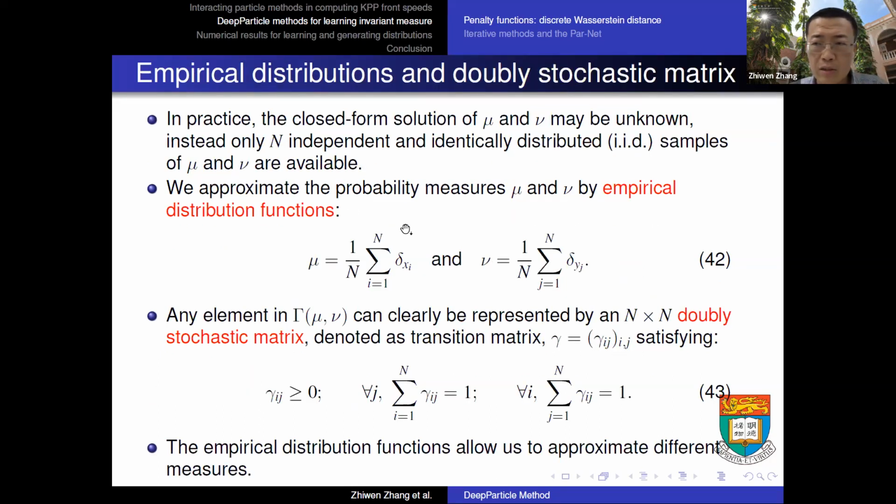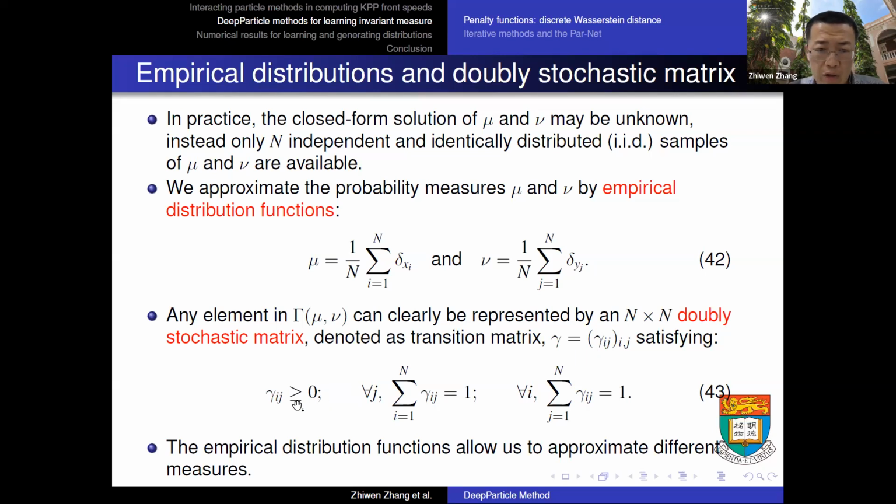All right, this part is very rigorous. However, in practice, sometimes we don't have a closed form for the distribution, and the analytical formula can be difficult to compute. So we use the empirical distribution. For mu and nu, we use a delta summation, or delta functions, as the empirical distribution. In this case, the joint distribution is represented by an n by n doubly stochastic matrix.